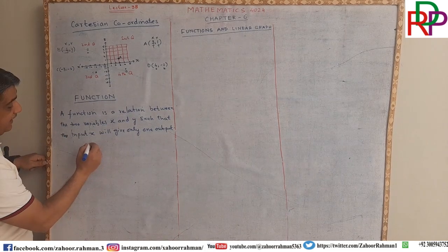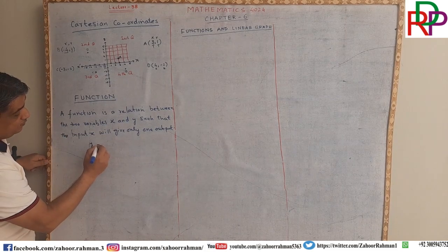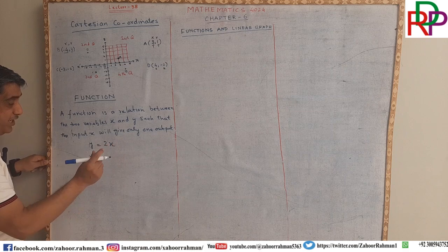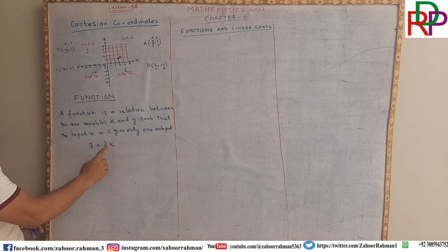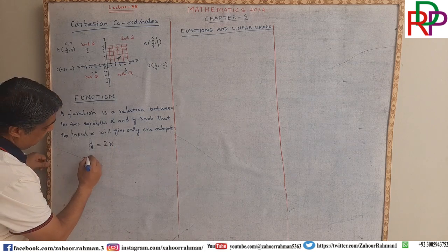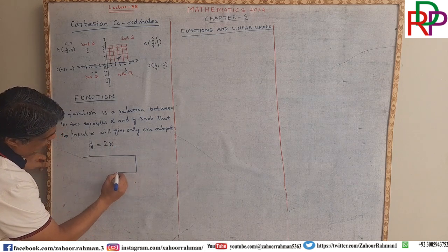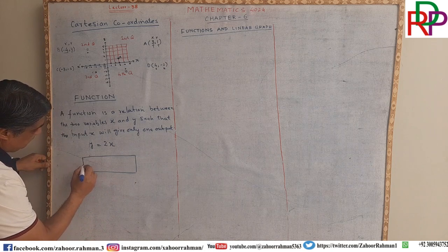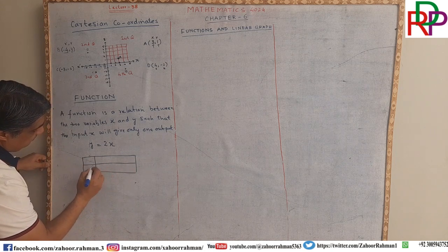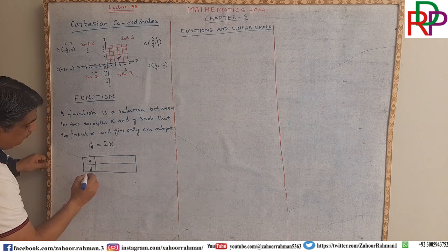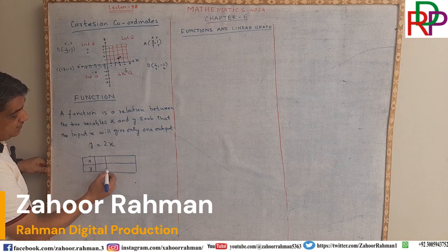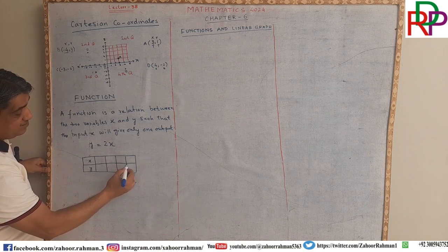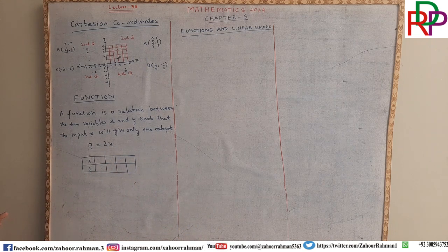For example, if I am saying that y is equal to 2x, this is a function. That is a relation between y and x. For drawing the graph, you have to draw x and y points. So you have to give different points, it is your choice according to the situation.